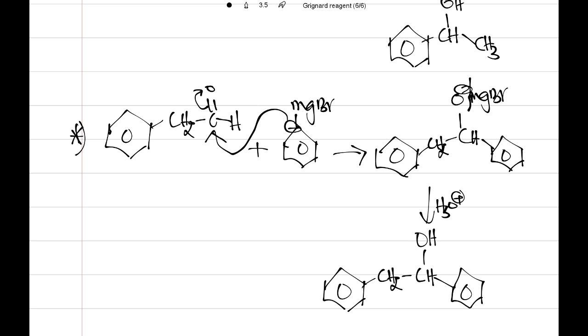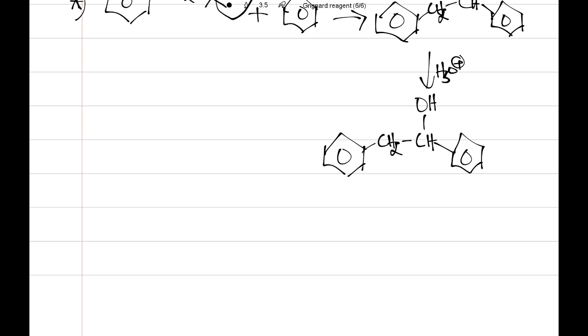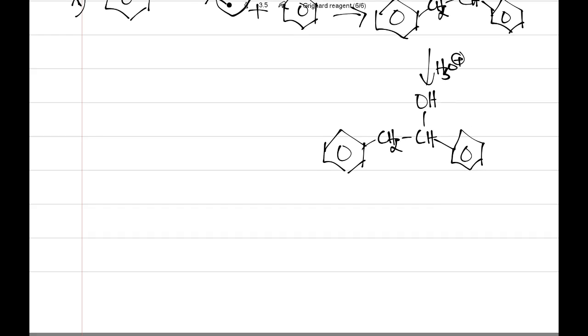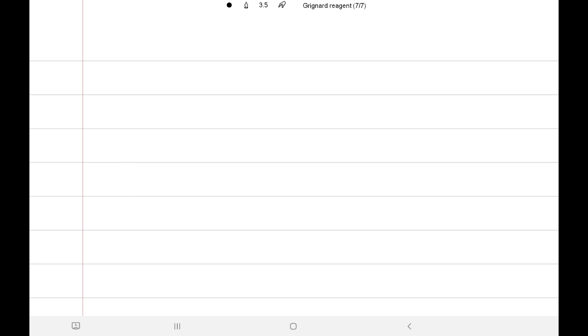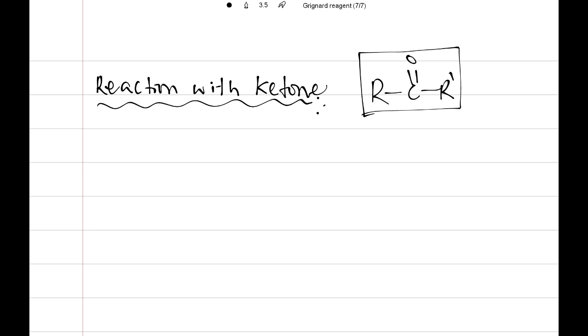The next one I am writing with the ketone. When this Grignard reagent reacts with a ketone, what can we get? Okay, right. Reaction with ketone, if you observe. Ketone is nothing but RCOR dash. These R groups may be the same, sometimes may be different.